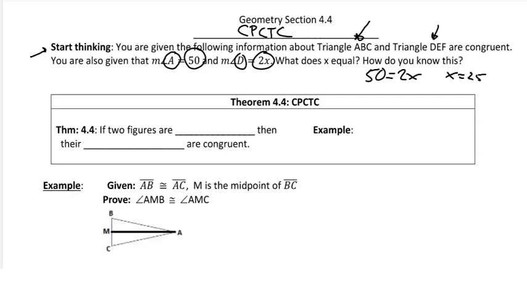So if I asked you to explain how you knew that, you might say it's because corresponding parts of congruent triangles must be congruent. Ta-da! That is basically what this whole section is about. It means that if you can prove two triangles are congruent, you know all of the parts are congruent.